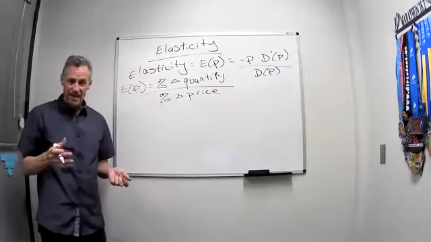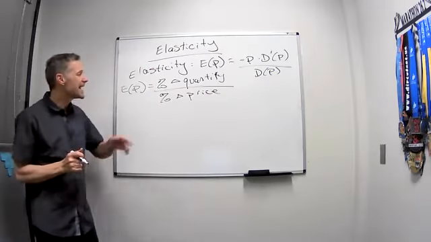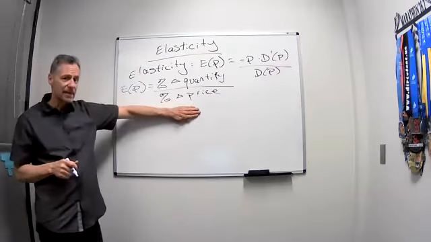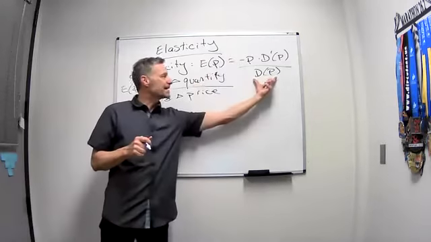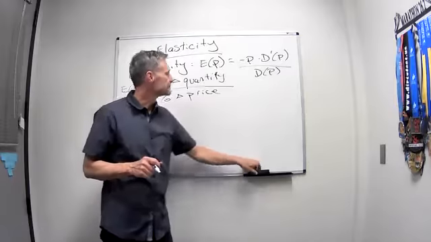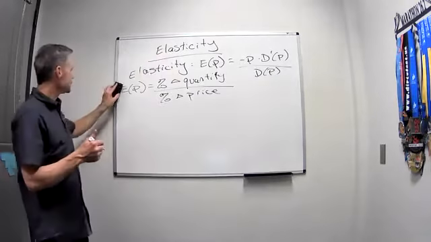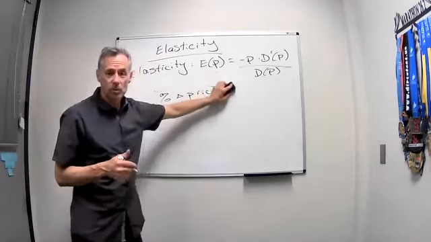So that's the basic idea. But what we're looking for is we say, hey, when I change the price a little bit, what's going to happen to the quantity demanded? Okay, the quantity demanded is this demand function D of P. So let's do an example to see how this works, and then we'll interpret the answer.